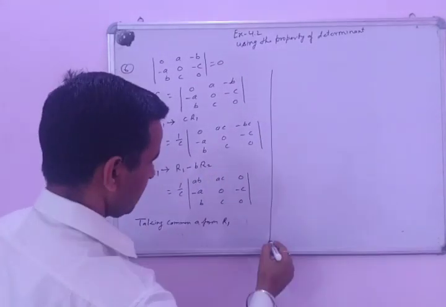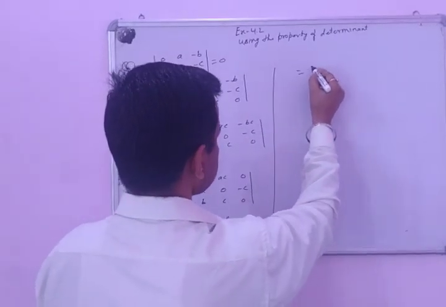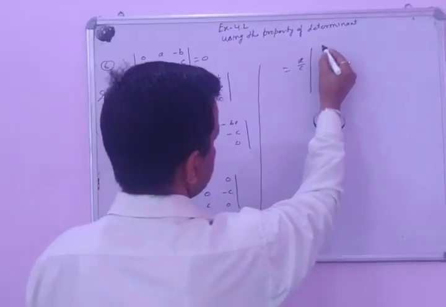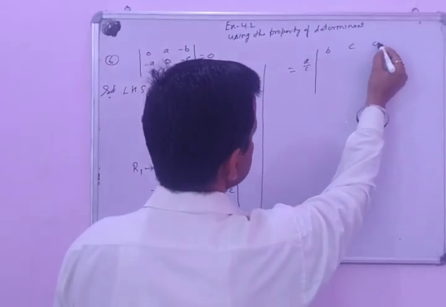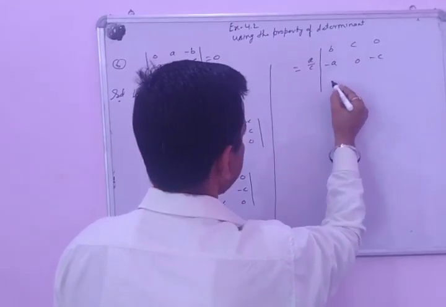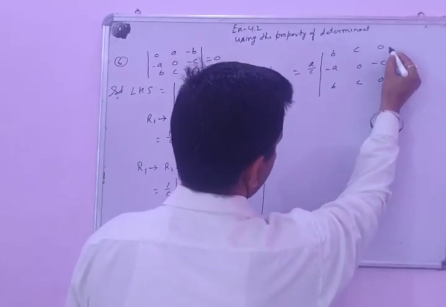So what will we get here? This will come A upon C. What is left? B, C, 0, minus A, 0, minus C, B, C, 0.